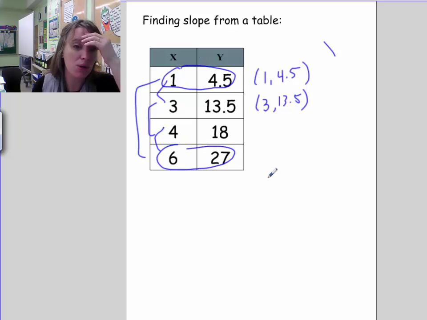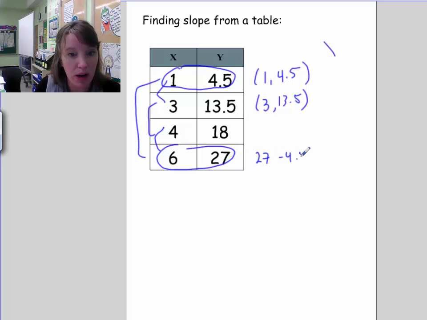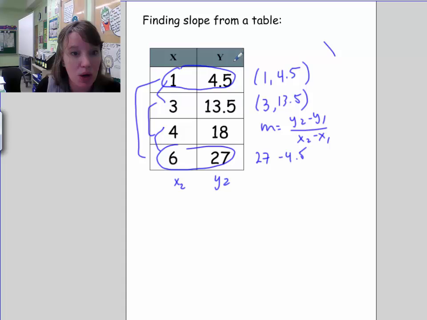Okay. So here my y values, let's choose this as your y2, 27 minus 4.5, because your slope is y2 minus y1 over x2 minus x1. So you can label these y2, x2, y1, x1.